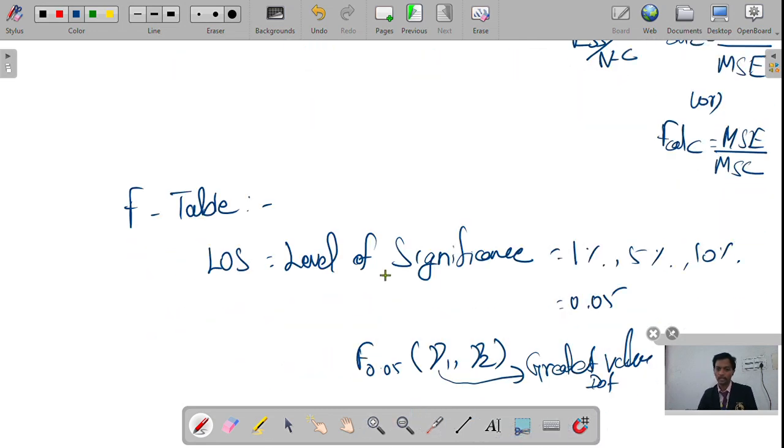With the help of that, you will get the F tab value, F tab of C or F tab of R, under 0.05, 1% or 10%.